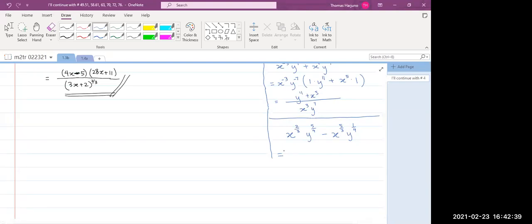What's the common factor? X to the 2/3 and y to the 1/4. That's right, because we pull out the smallest exponent.